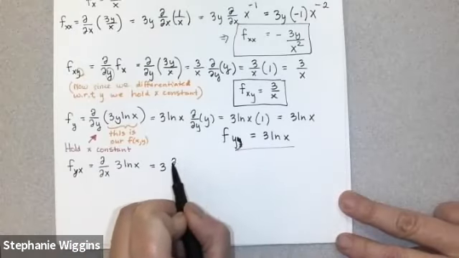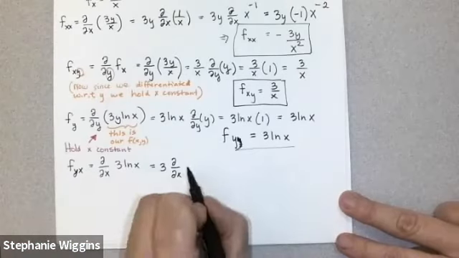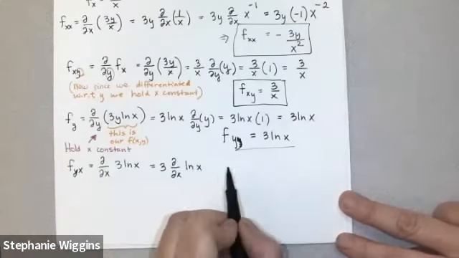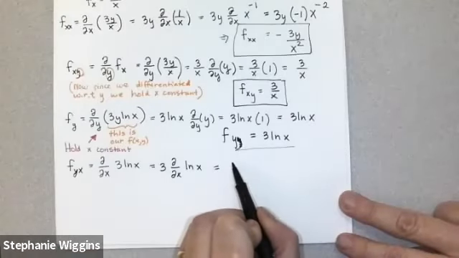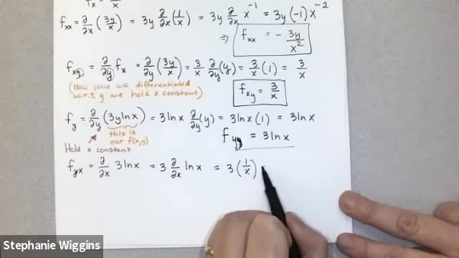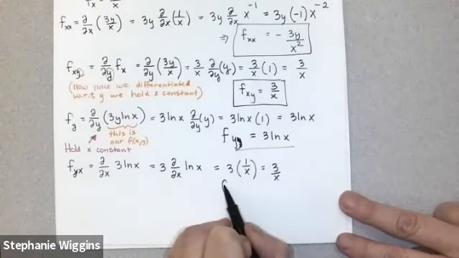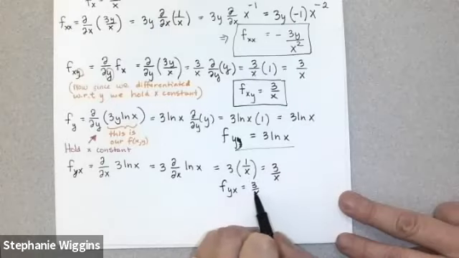And so you're just taking the derivative with respect to ln x. And remember, the derivative of that is 1 over x. So you get 3 times 1 over x, and that's just 3 over x. So fyx is 3 over x.